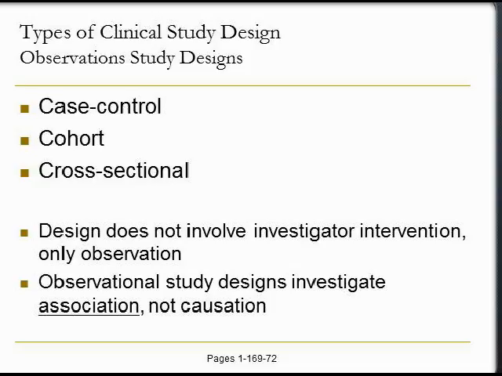And because of that, observational study designs investigate association, not causation. Okay, so observational study designs investigate association, not causation. And these concepts are, I think, testable: you're asked to draw some conclusions about a result from an observational trial and whether or not it's a cause and effect situation. So again, association, not causation.